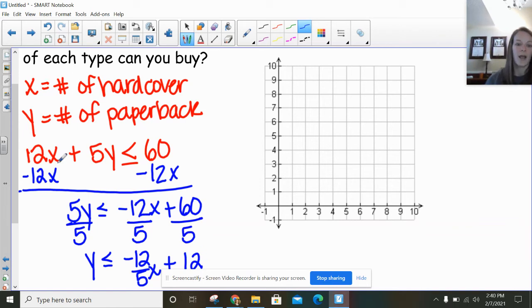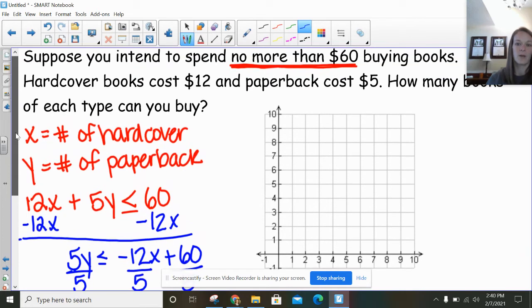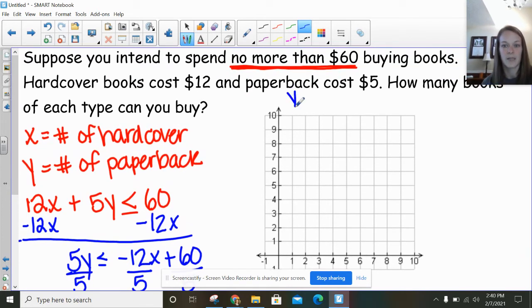Okay, so now I want to put this on my graph. So I'm going to rewrite it up here so we can see it. All right, so my y-intercept is 12, so I've got to extend my graph. We'll say this is 11, we'll say this is 12.